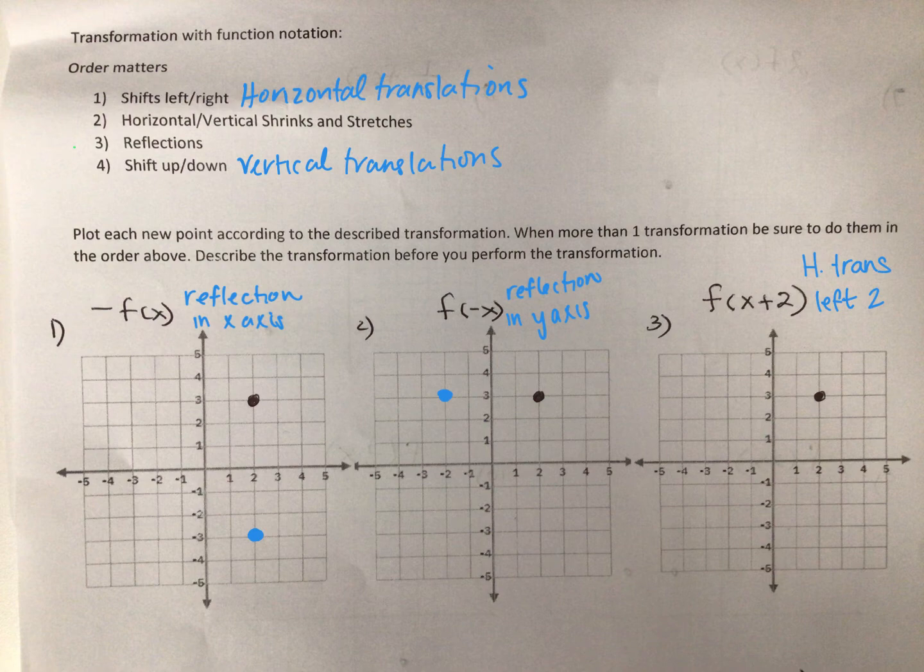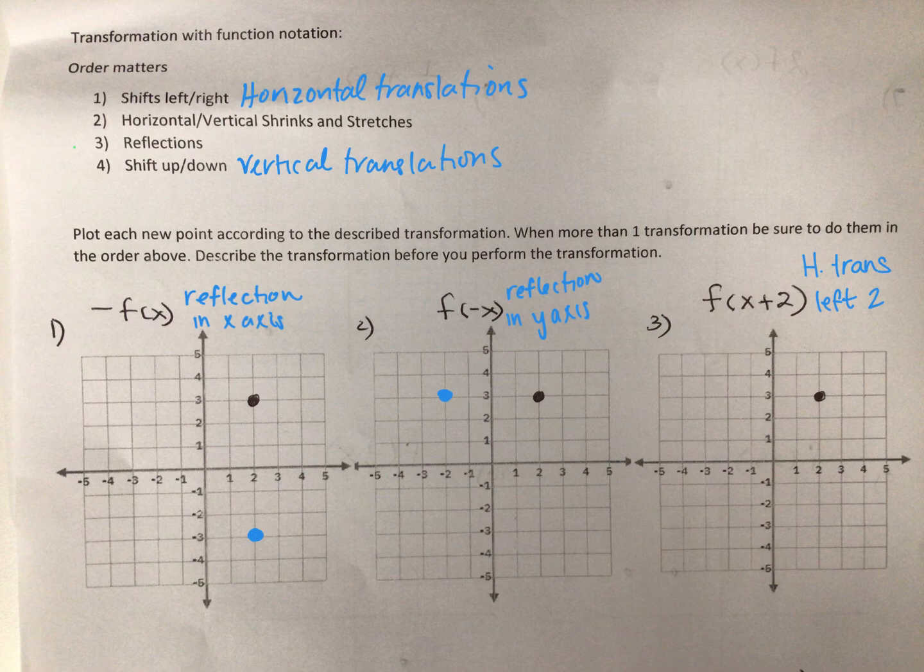That's not incorrect. I'm not going to be that particular about how you write it. If you write 2 units to the left, or left 2 units, both are correct. I'm not that picky about things, and it drives me crazy when teachers are. Multiplying is shrinks and stretches.